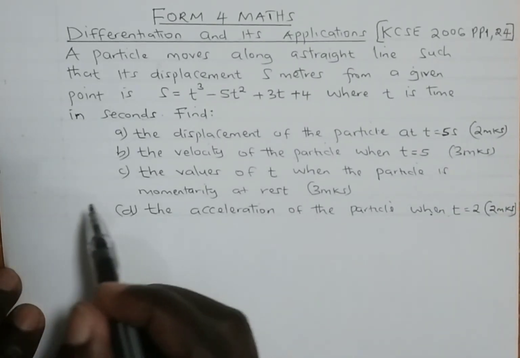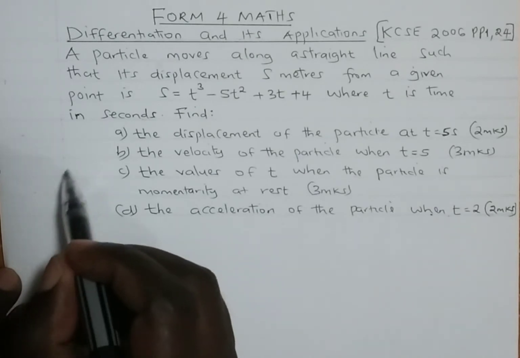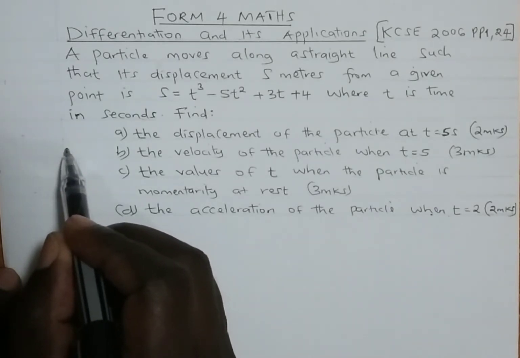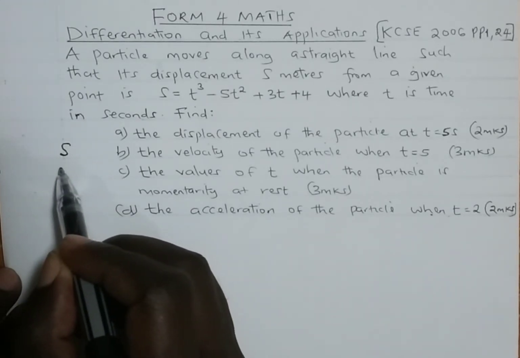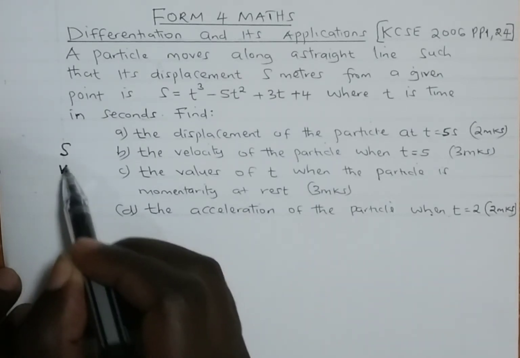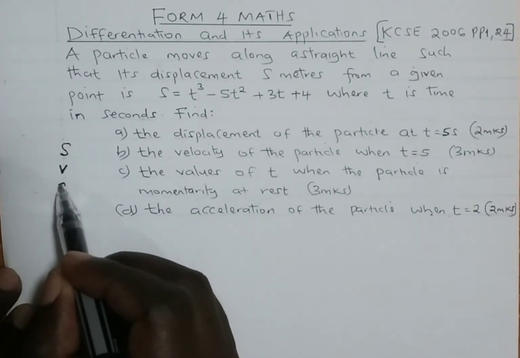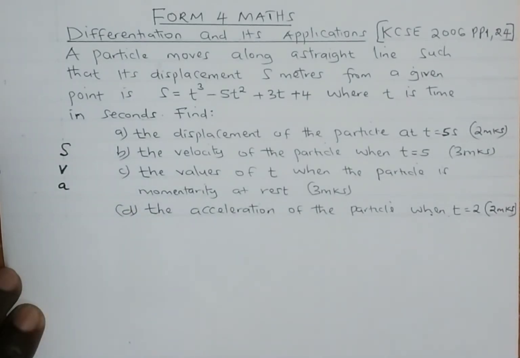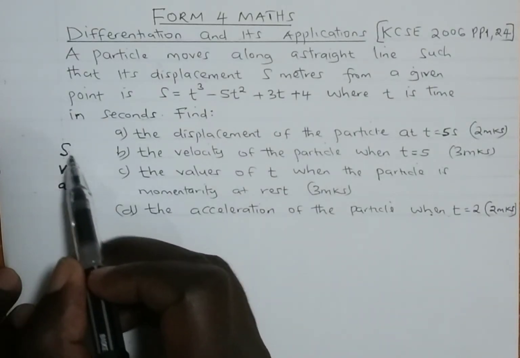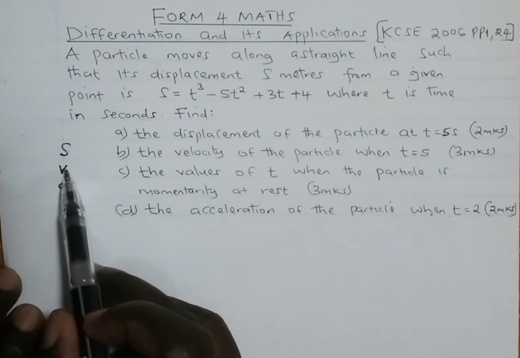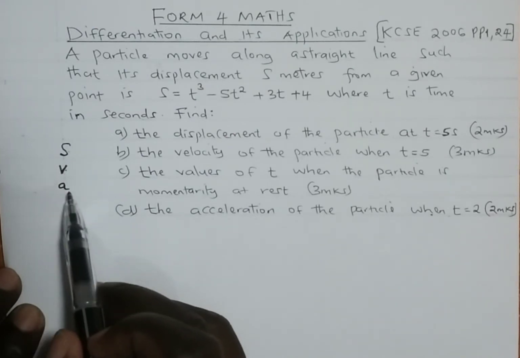We have already discussed this particular section, and we said you could be given a question in the form of displacement, in the form of velocity, or in the form of acceleration. Anytime you are given displacement, you differentiate displacement to get the velocity function, and then you differentiate the velocity function to get acceleration.